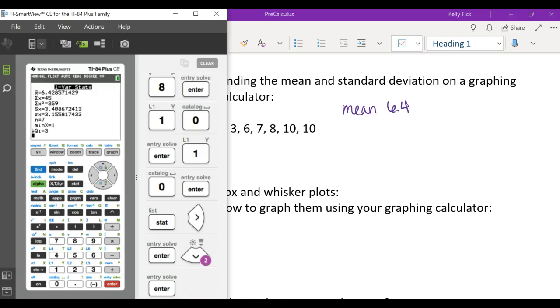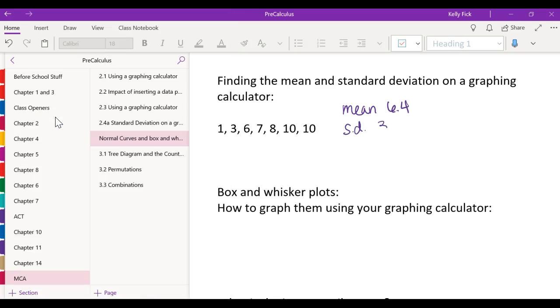Your standard deviation is this circle X here. That's 3.2. And then, of course, you would graph your normal curve with your mean being 6.4 and your standard deviation going up and going down.